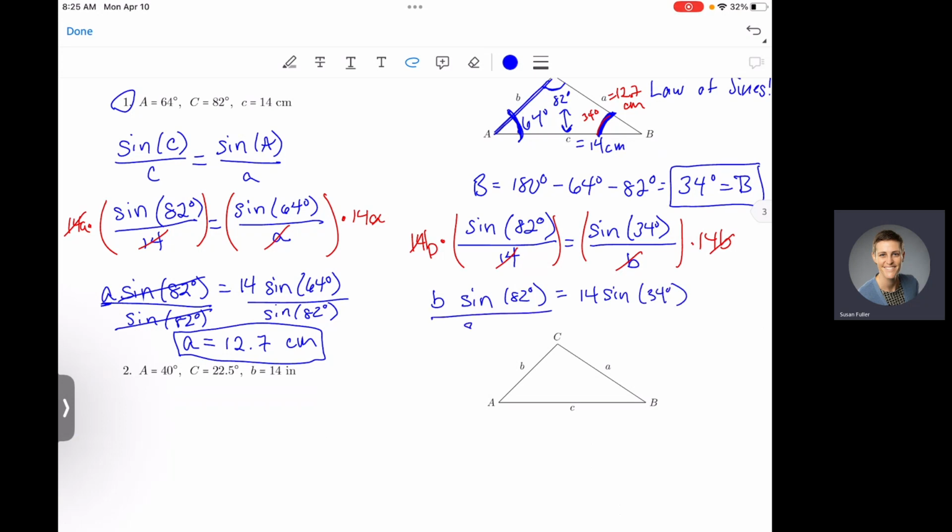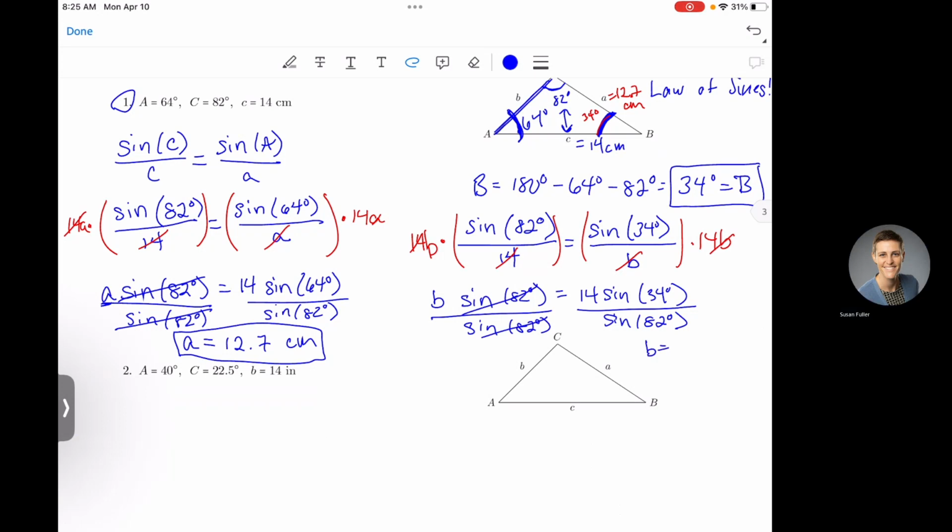And to get to b, we're going to divide both sides by the sine of 82 degrees. And we can put that in our calculator. So b is going to be equal to 14 times the sine of 34 degrees divided by the sine of 82 degrees. And I get 7.9. And again, that's a side, so that's in centimeters.